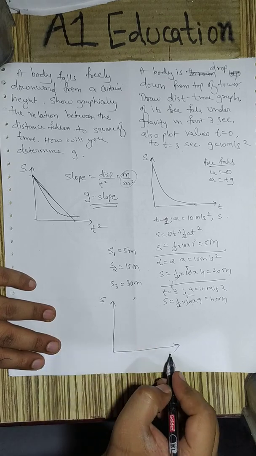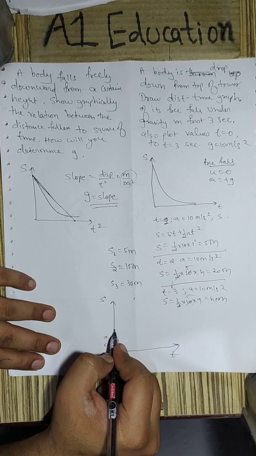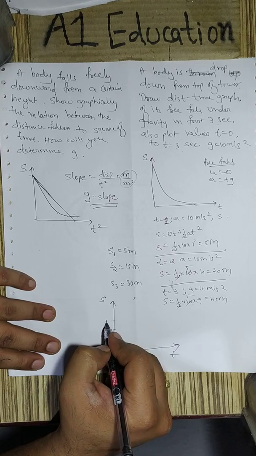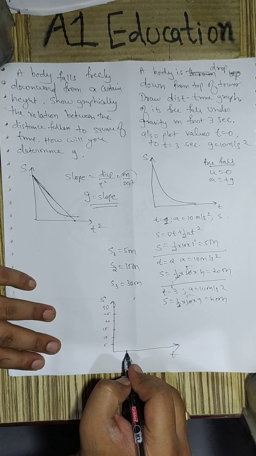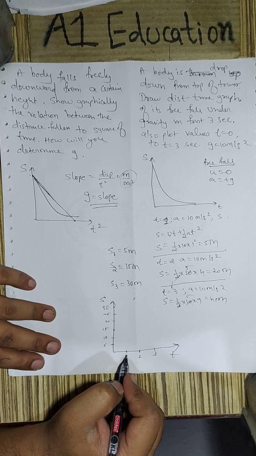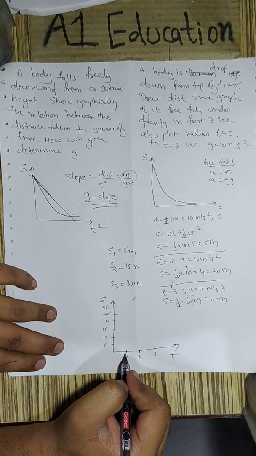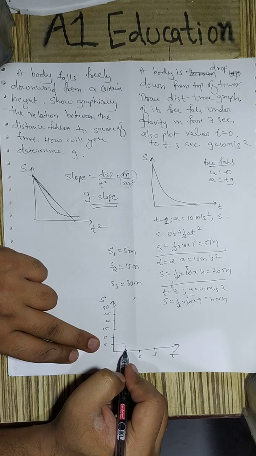If we try to plot this in a graph, displacement versus time, with displacement 5, 10, 15, 20, 25, 30 and time 1, 2 and 3. After 1 second, the position is 5 meters.